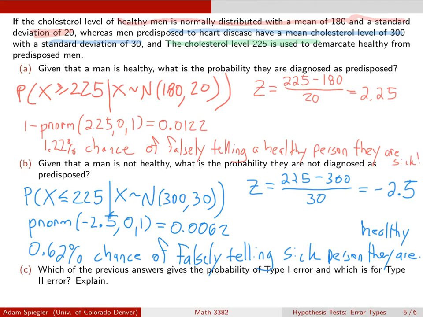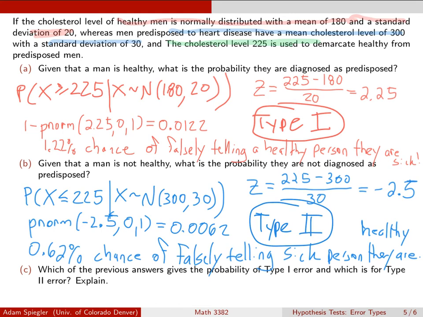A type 1 error is a false positive, the probability of telling a healthy person that they're sick, which was the first one we calculated. A type 2 error is a false negative, the probability of telling somebody they're fine and healthy when in fact that person is sick.